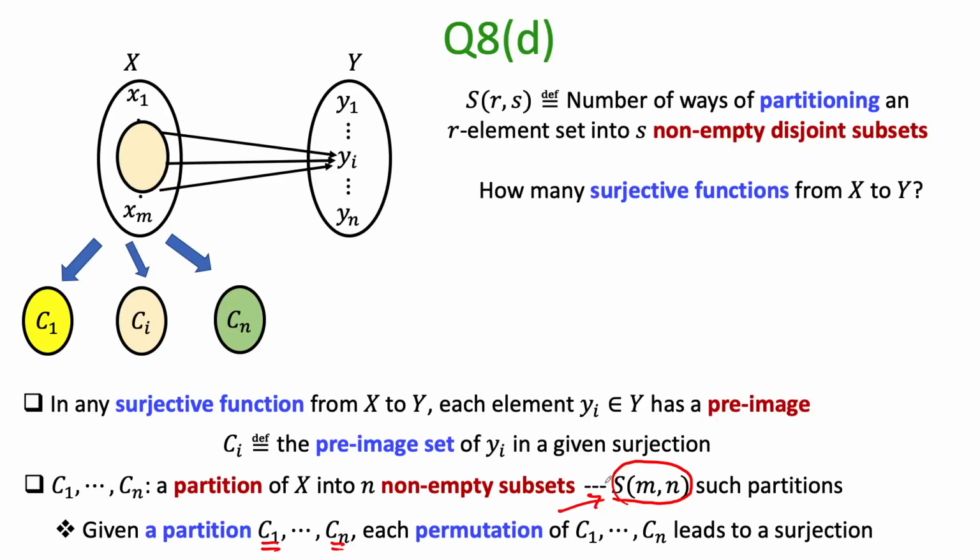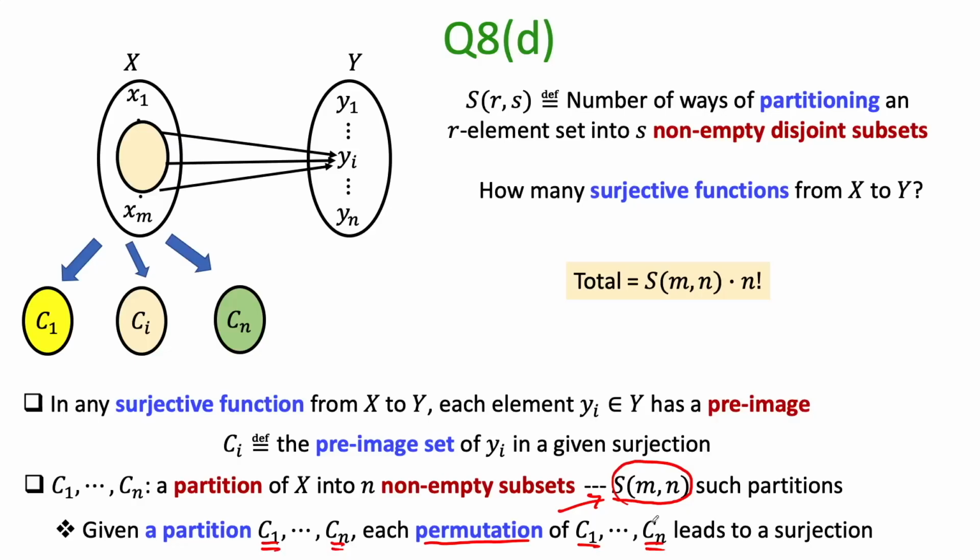Now, once you have divided your set X into n pairwise non-empty disjoint subsets, each permutation of those subsets leads to a surjection.